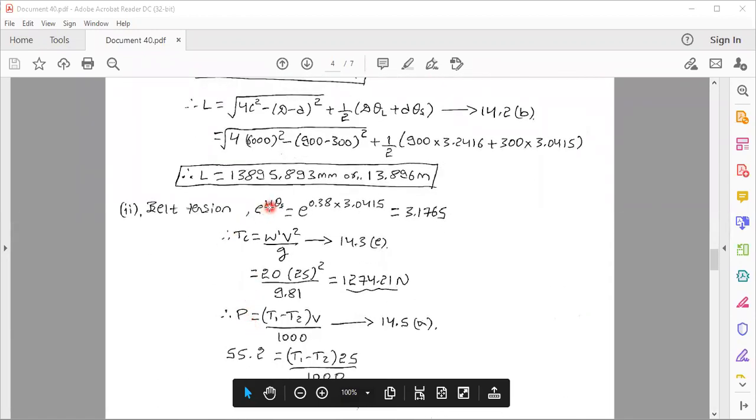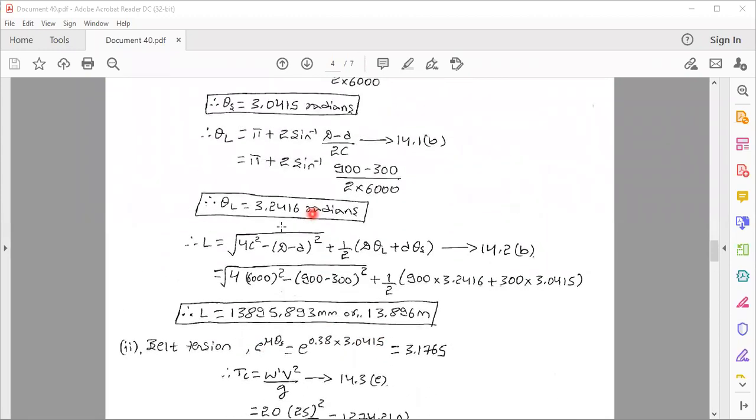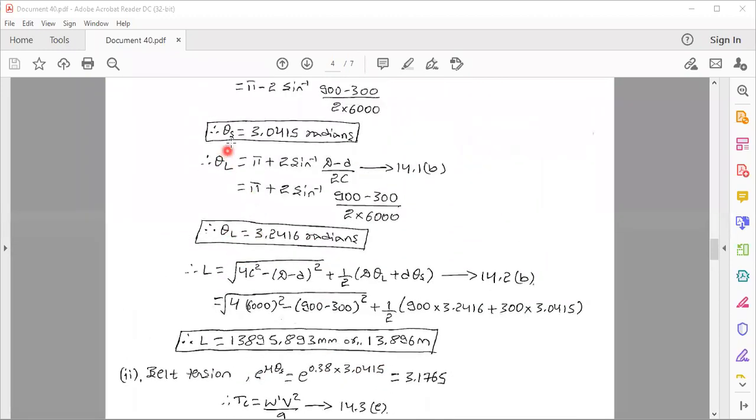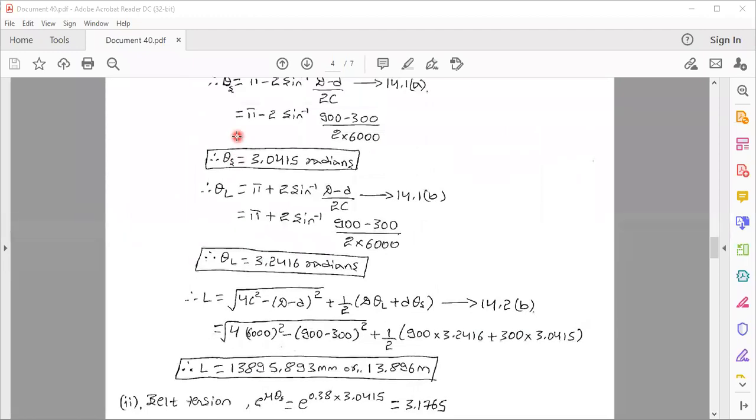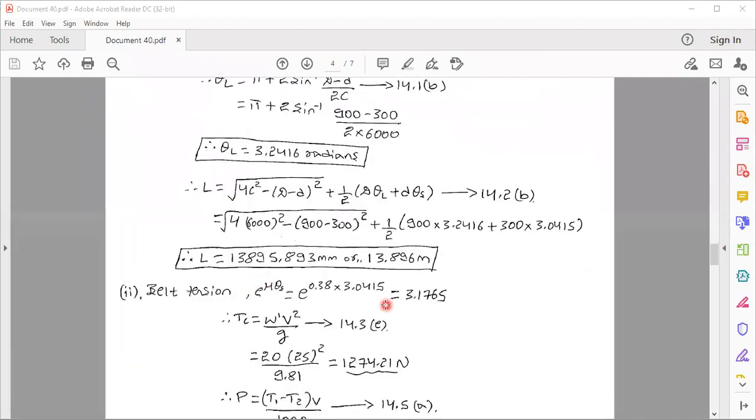Mu is given 0.38, theta s is 3.0415. I told you why you have to take theta s and not theta L: the angle of contact is with respect to the driver pulley, that is small d. Theta L would be obtained from the driven pulley. E raised to mu theta, you will get as 3.1765.